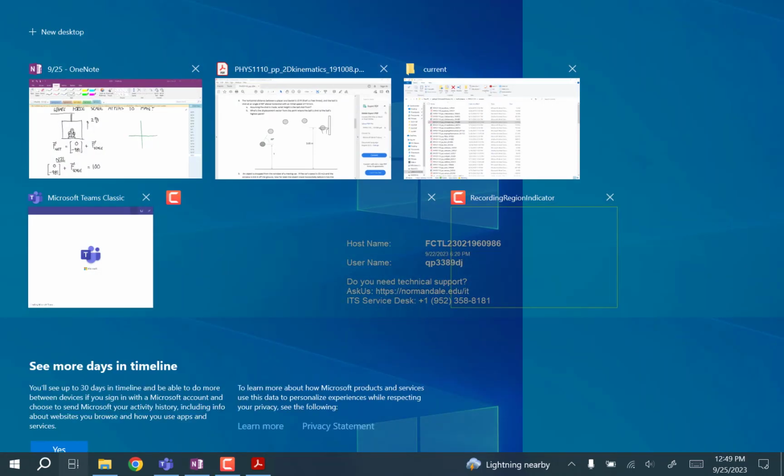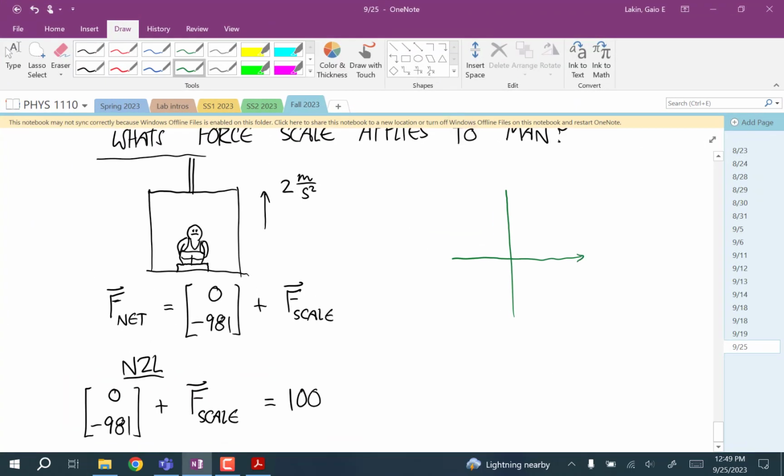So if this is your coordinate system, the acceleration is straight up with a magnitude of 2, this vector has a length of 2. And so the coordinates of that point tell you the components of the vector. And so it's 0, 2.